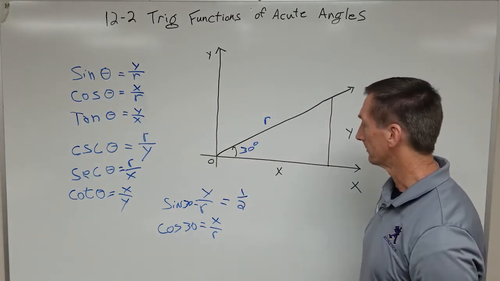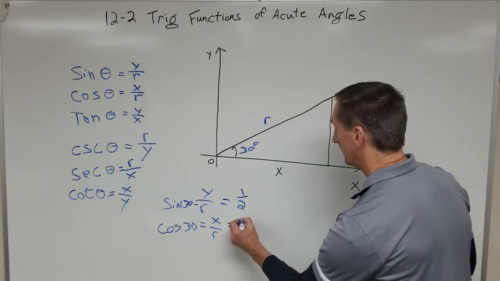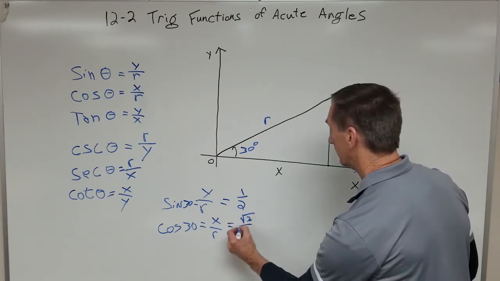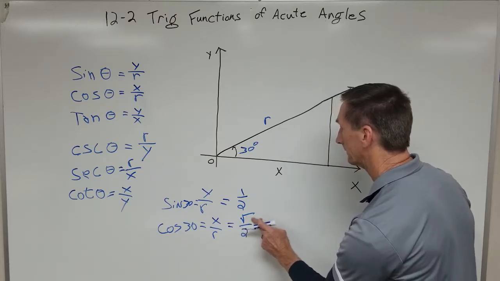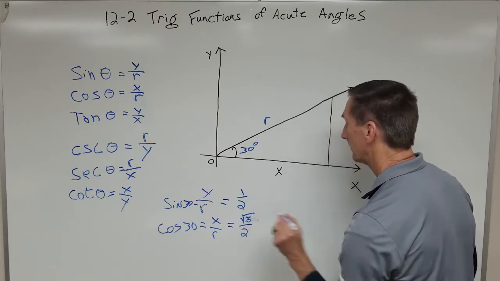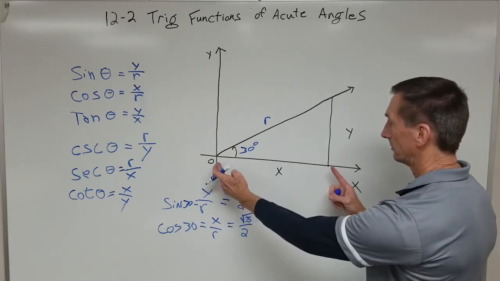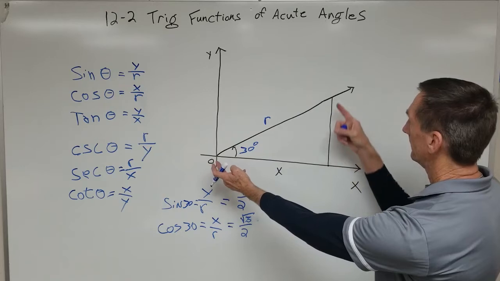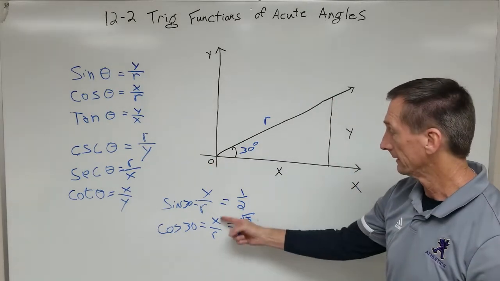We write x over r here in our configuration. That's going to equal square root of 3 over 2. So this ratio here, x over r, is square root of 3 over 2.